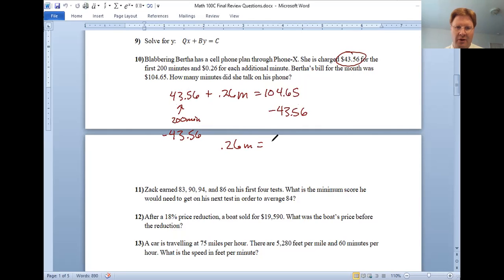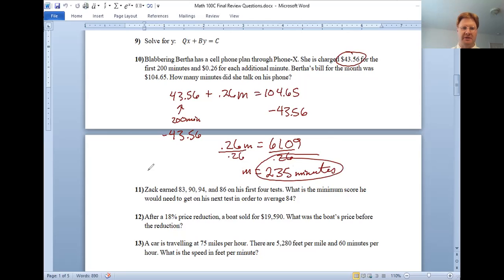We get 61.09. Divide by 0.26, divide by 0.26, and we get m equals 234.96. So there were 234.96 minutes. I'm going to say 235 minutes. All righty, we can round to the nearest minute on there.